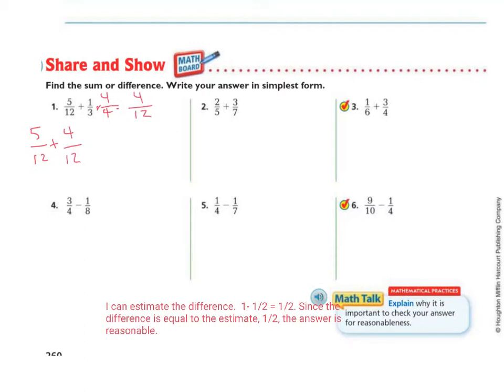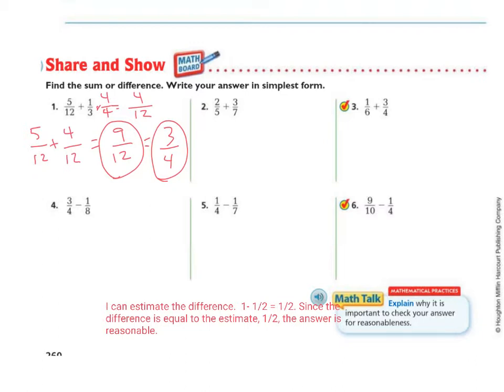So my equivalent fraction is going to be 4/12. 5 plus 4 is 9. So I have 9/12. Well, I know that 3 can go into both 9 and 12, so I am going to have to reduce. 3 goes into 9 3 times, and 3 goes into 12 4 times. So my answer is going to be 3/4, my final simplified answer.